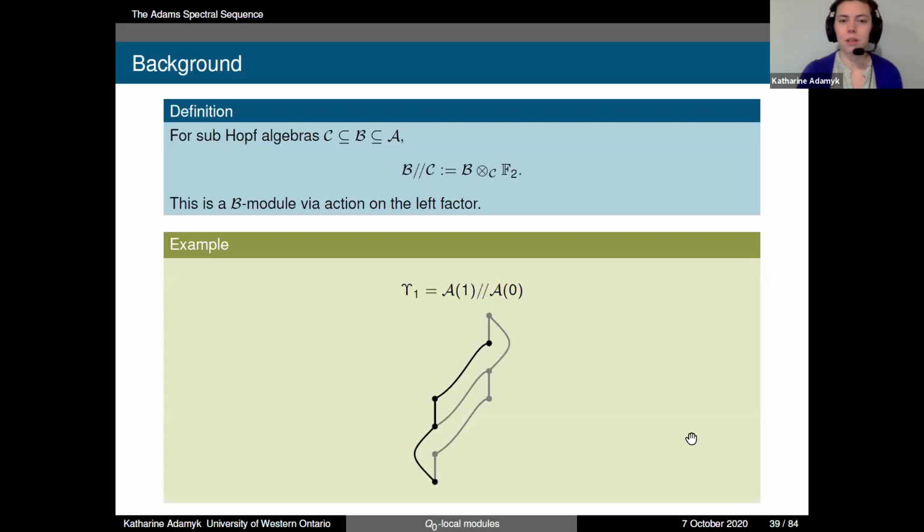Okay, so for example, the 1 Seagull is A1 mod mod A0. And you can think of this as we're quotienting out by the action of A0 on the right, as opposed to on the left. So here, anything that decomposes into something times Sq1 on the right is going to be 0. And we see this 1 Seagull appear inside A1.